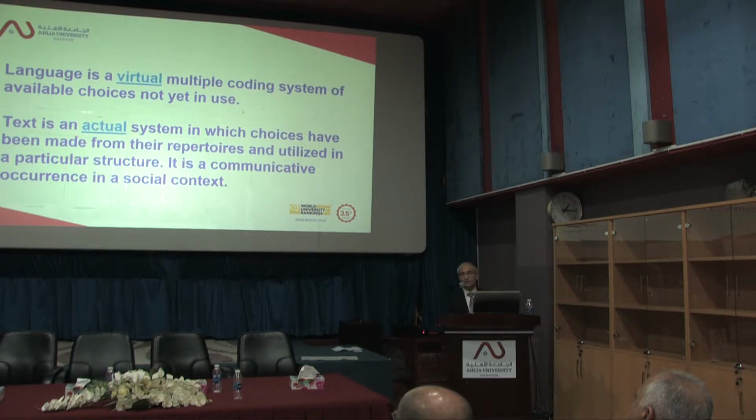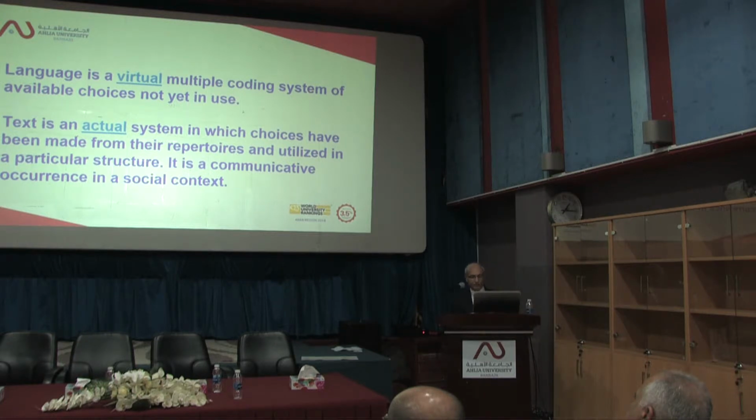I shall start from the premise that language is a virtual system of available choices not yet in use. It is a meaning potential, a form of human semiotic, a multiple coding system that is organized into levels or strata.